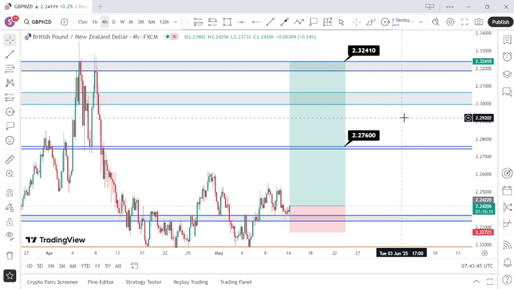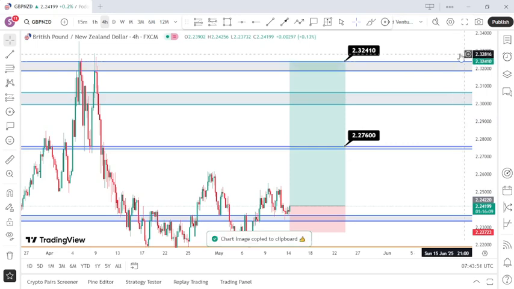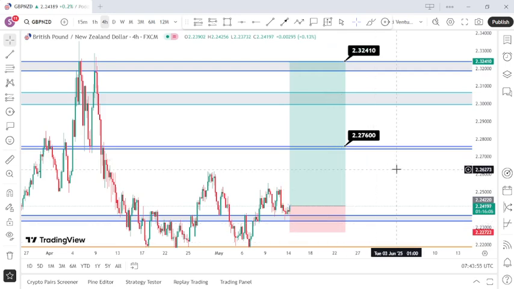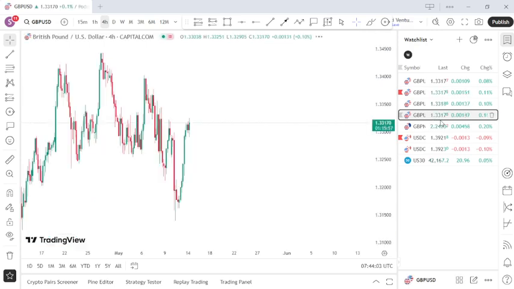So, this is it on GBP NZD. Let me share it. When we are done, then I'll share it to the community. So, that's it on GBPNZD.